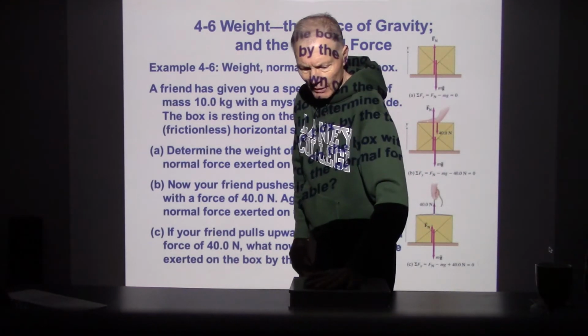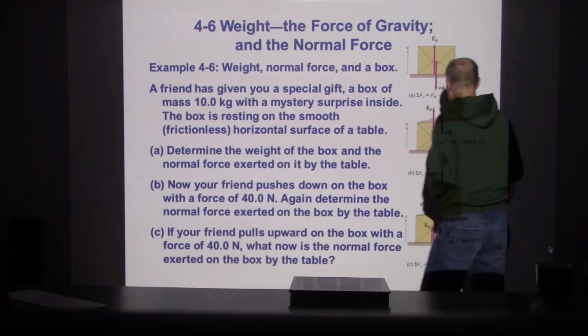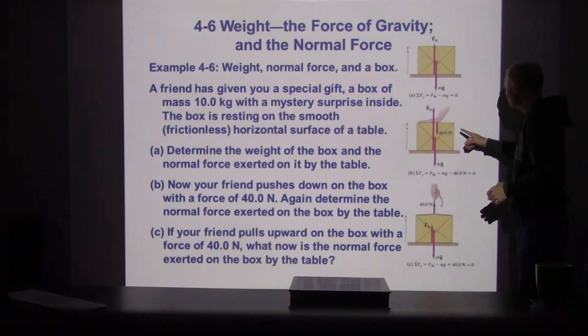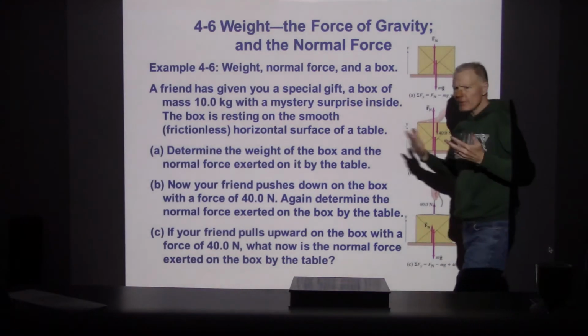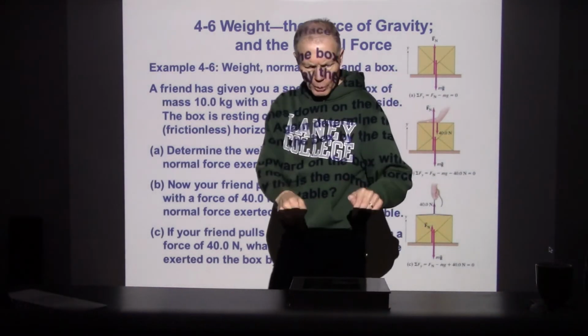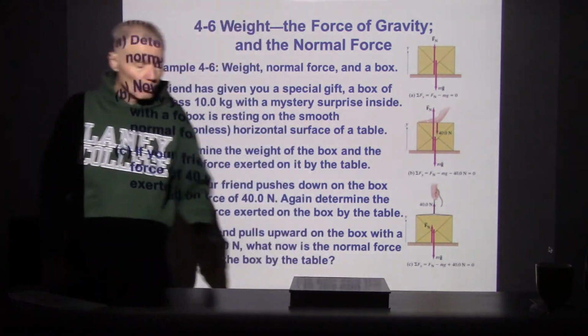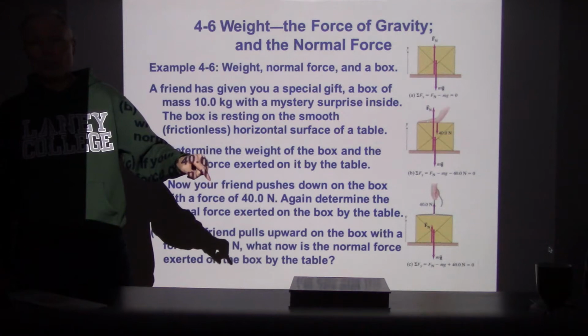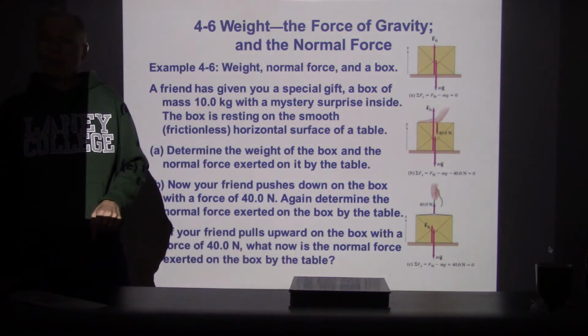Pushing down on the book, what effect is that going to have on the gravitational force on the book and on the normal contact between the book and the table? Gravity is unaffected by this, right? The book still has the same amount of mass. You walk up, you push down on the book, and gravity's still pulling on the book with the same amount of force. But now the normal force is going to have to be larger.